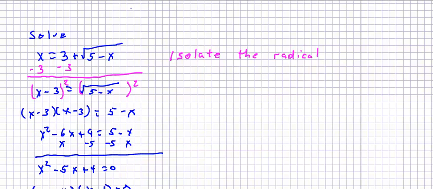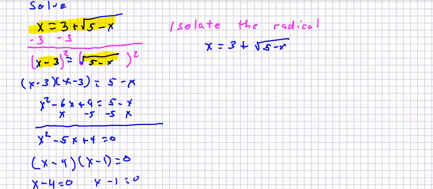Now, we go back to either the original equation, or we can go back to this equation, x minus 3 equals the radical, before we squared it. All right, I'm going to go back to the original equation. x equals 3 plus the square root of 5 minus x.